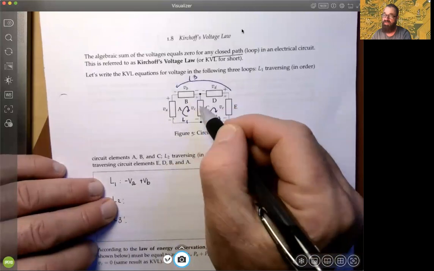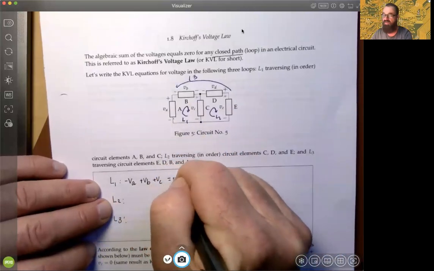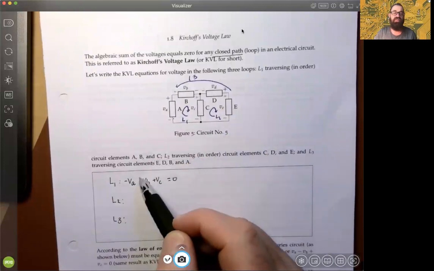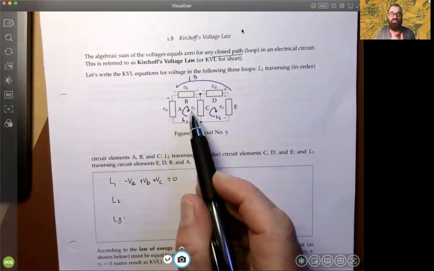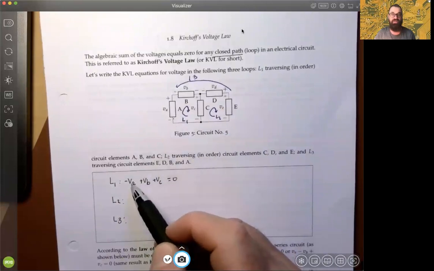And then we would come into the positive pole for VC, okay? And KVL means the sum of those must be 0, okay? Again, you'll change the sign of the voltage if, as you traverse the path, you're entering the negative polarity; you're going to represent that voltage with the same magnitude but change the sign of it.